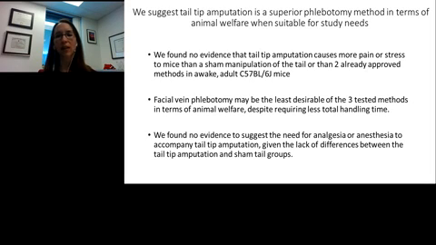That goes back to why I think it's really important to have these sham-only or handled-only groups in studies that look at the impact of phlebotomy. Because if you see no difference between a method and a sham-only group, then likely providing analgesia is not going to improve the welfare and may actually cause increased stress because now you've handled the mice twice.